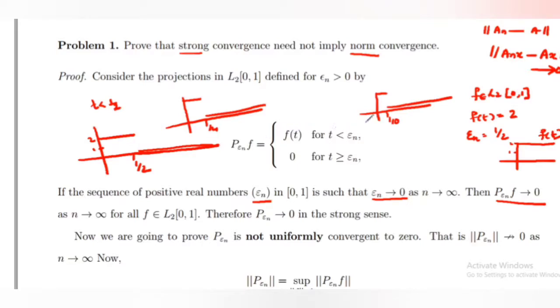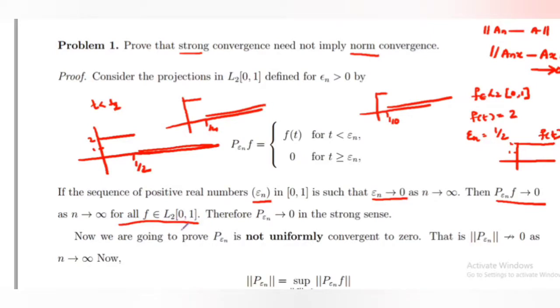As epsilon n tends to 0, the value of P epsilon n f is f of t if t is less than epsilon n, and for all other points it is 0. So the terms with zero value of P epsilon n f dominate the non-zero values. So P epsilon n f tends to 0 as n tends to infinity, and this is true for all f belonging to L2[0,1].